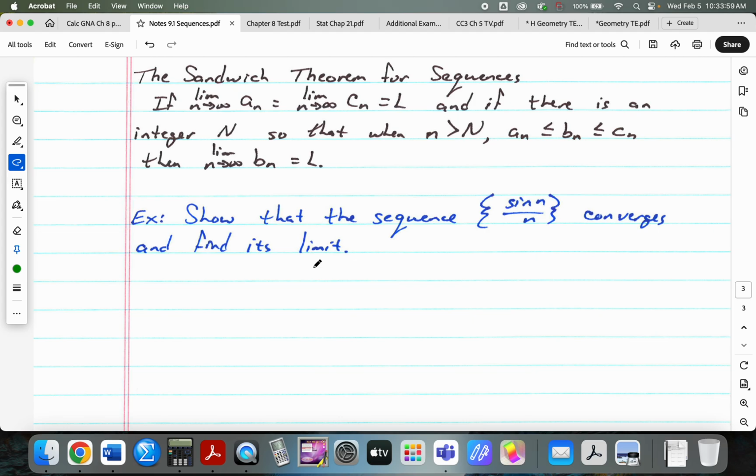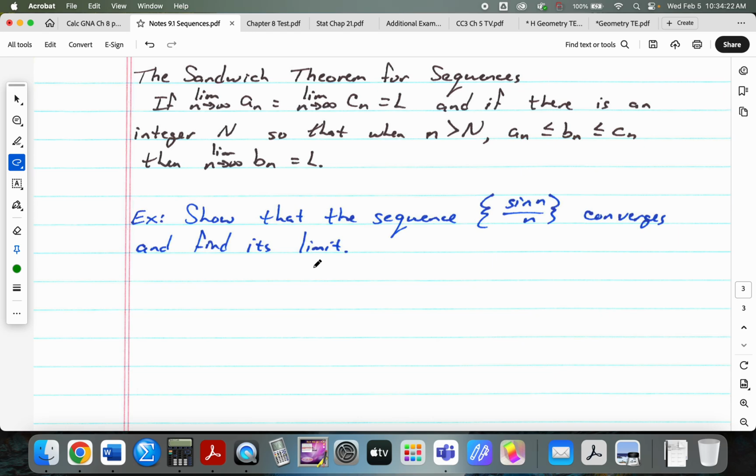And if there's an integer capital N, so that when little n is greater than capital N, a sub n is less than or equal to b sub n is less than or equal to c sub n. So either equal to or in between the two, then the limit as n goes to infinity of b sub n is equal to L.